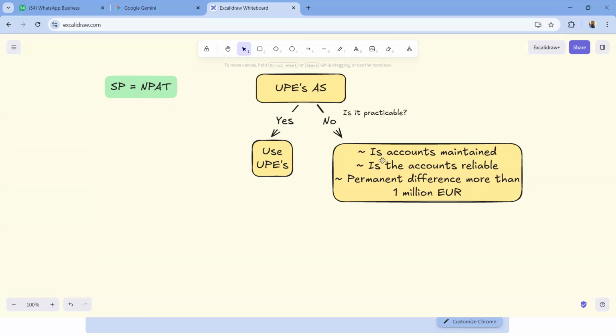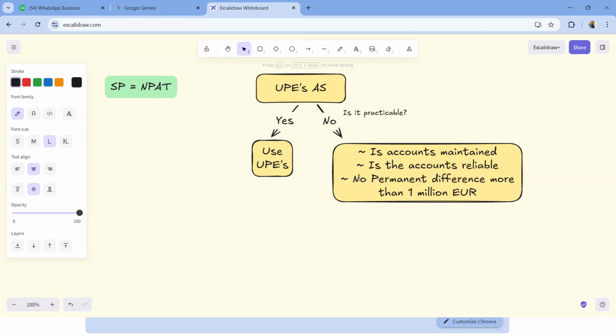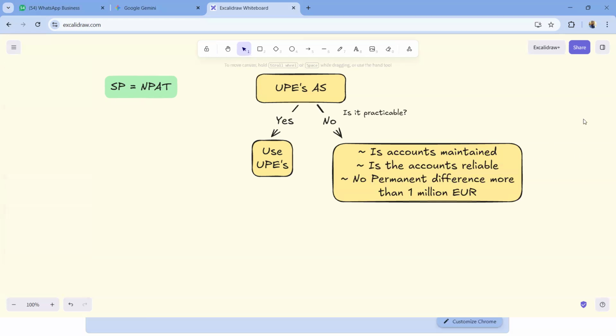And if we say here no permanent difference of more than 1 million, then you can go ahead and use your fraction. Okay, I have a question.